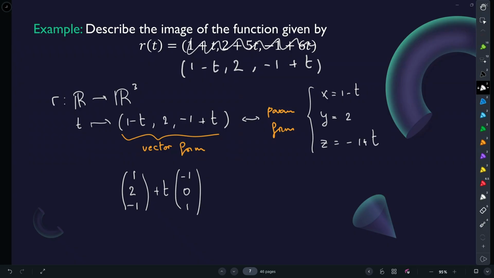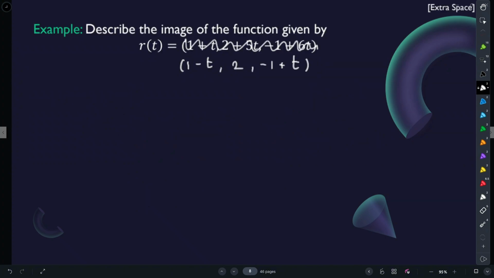It's a line that passes through (1, 2, minus 1) at time 0, and then it's moving in the direction of (minus 1, 0, 1) at whatever speed is given by this vector. So let me just sketch it on the next page. It is (1, 2, minus 1) plus t times (minus 1, 0, 1).